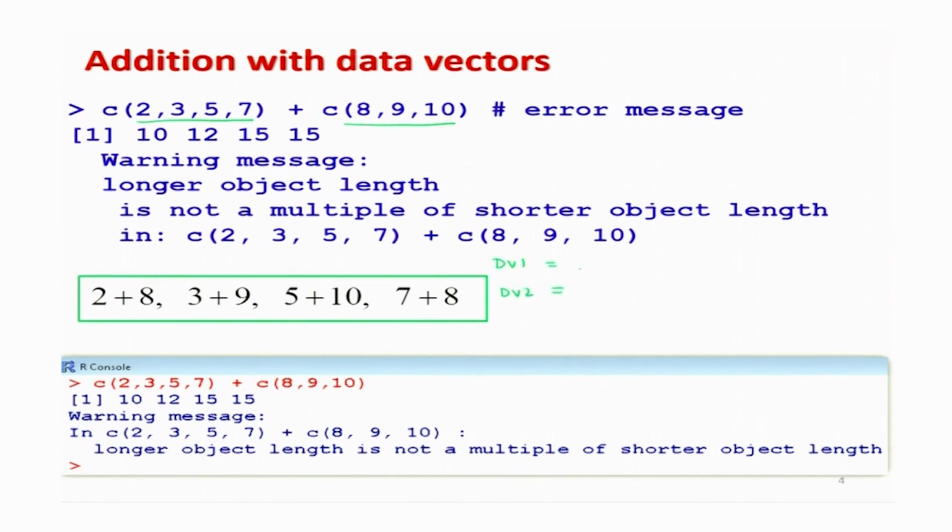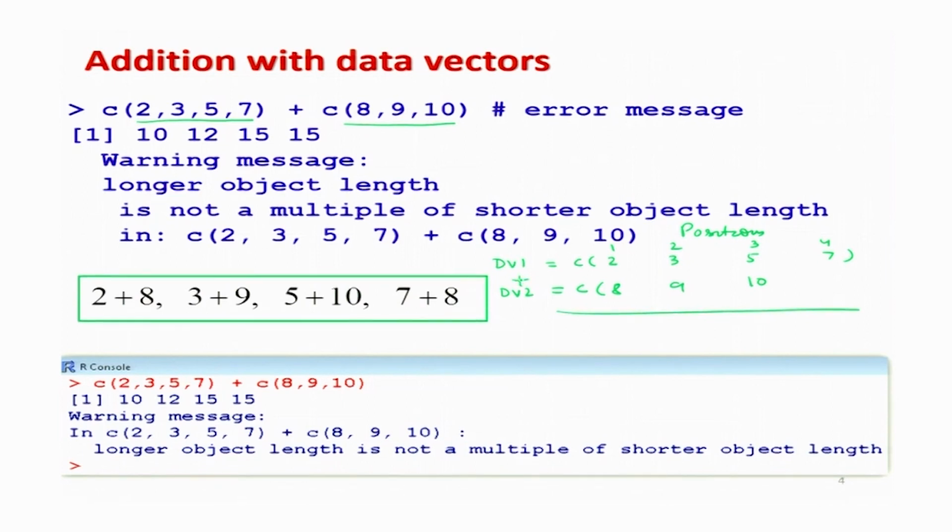The first data vector here is c(2, 3, 5, 7), located at positions 1, 2, 3 and 4. And in the second data vector, the values are 8, 9 and 10. Now let us do this operation of addition.